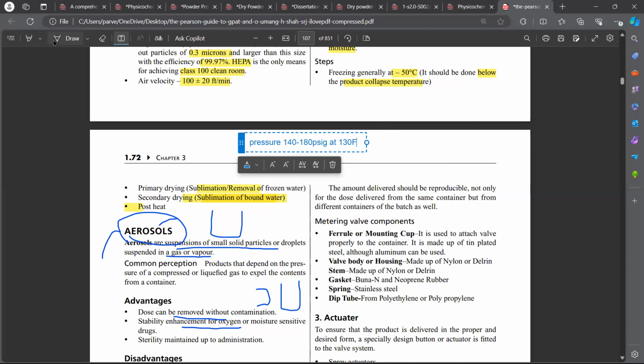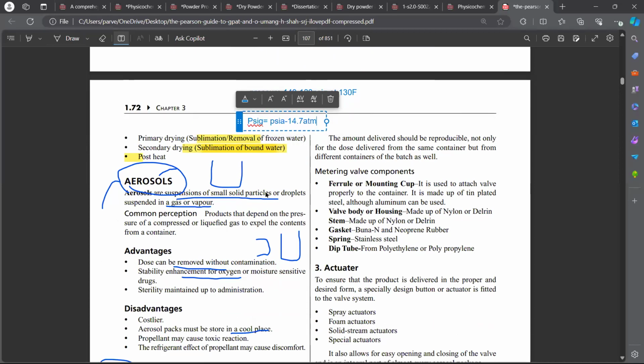Guys, do you know the relationship between psig and psia? psig is equal to psia minus 14.7, the atmospheric pressure. So this is the relation between psig and psia.